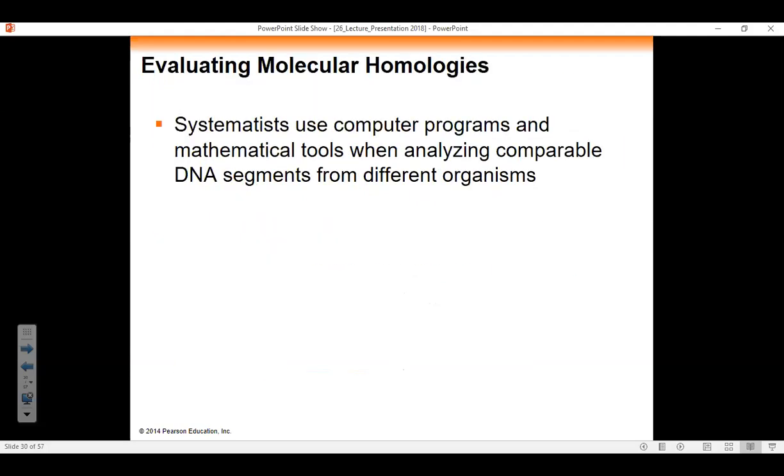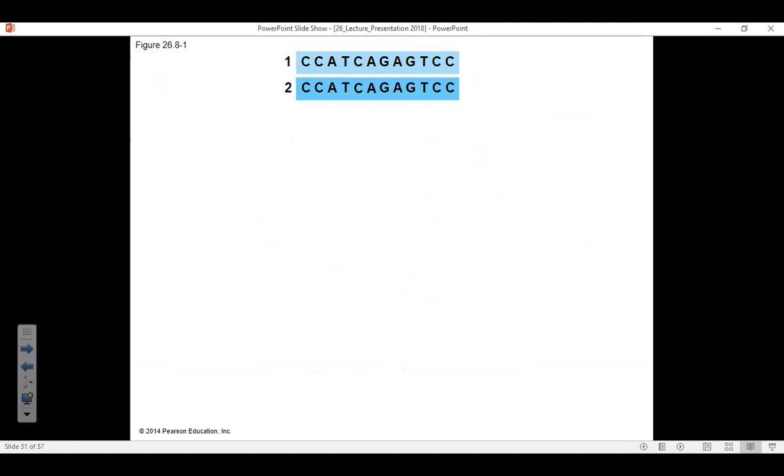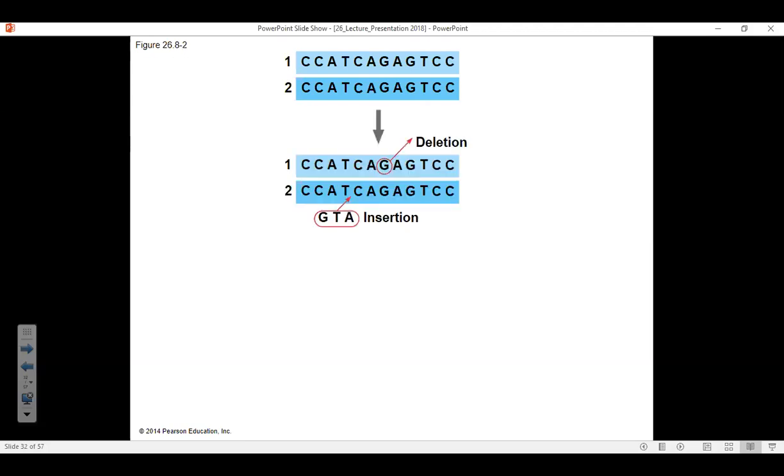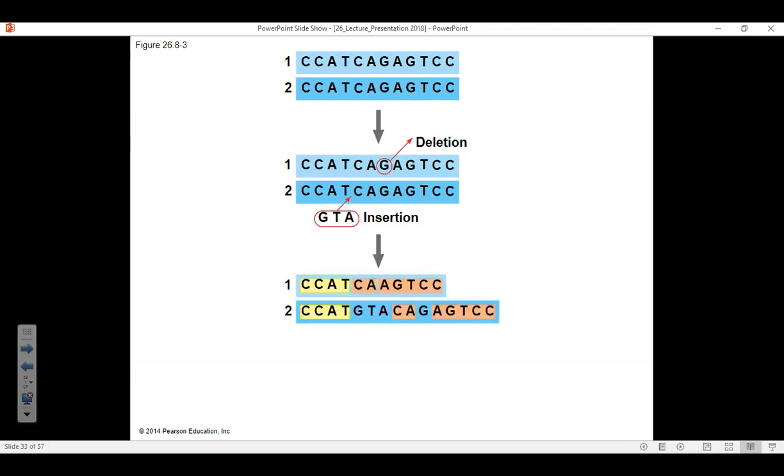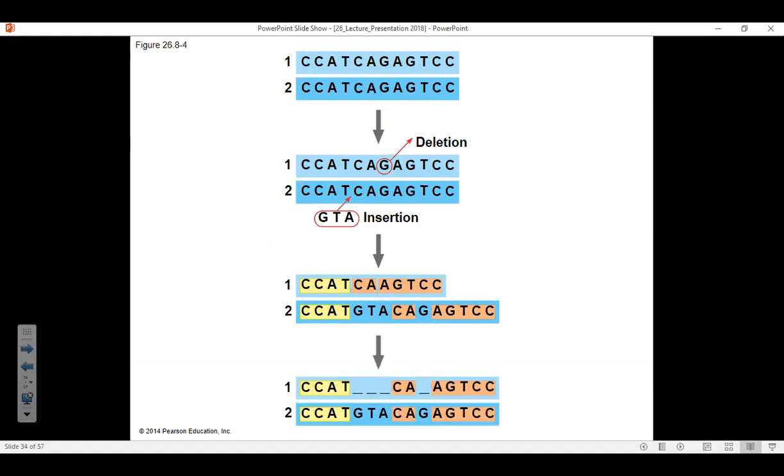What is quantitative data? It's when you look at the DNA. Now that we can sequence the DNA of things, oh my goodness gracious. Here are two species that had a similar sequence of DNA, and this is just a little sequence, not all of their DNA. But look, if species 1 had a deletion and species 2 had an insertion mutation that happened, look how their DNA has changed. So now computers can take the DNA of organisms that are different from each other and match them up.